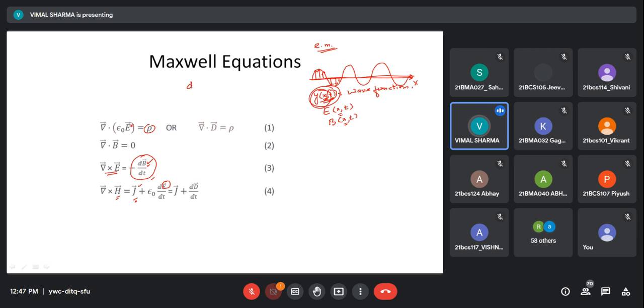It is d square over dx square of y equals 1 over v square times d square over dt square of y. This is the wave equation for a wave on a rope, a one dimensional wave, where the x direction is the propagation direction.